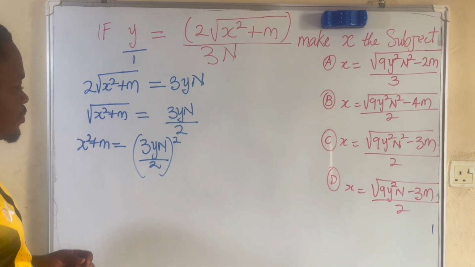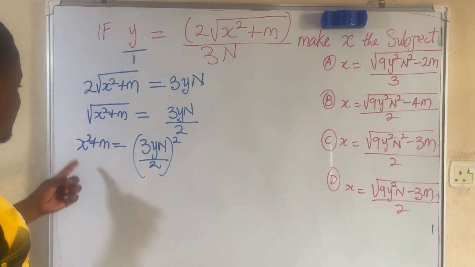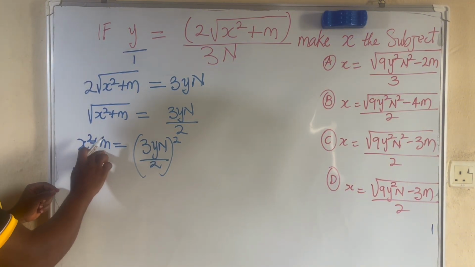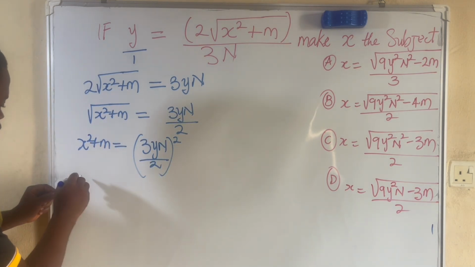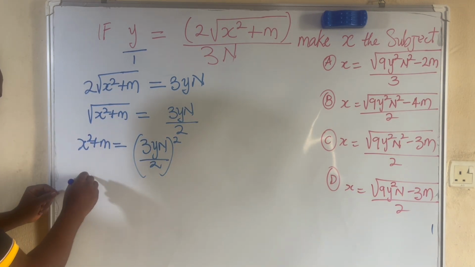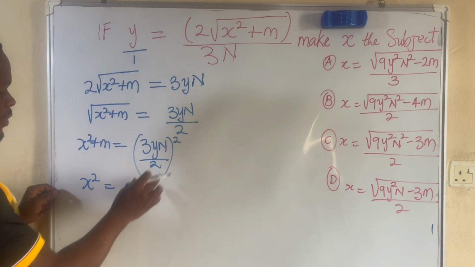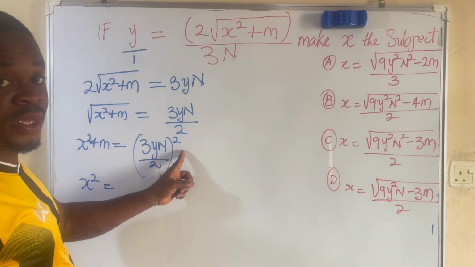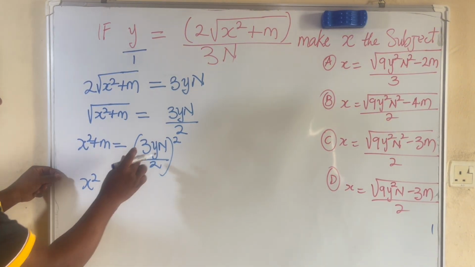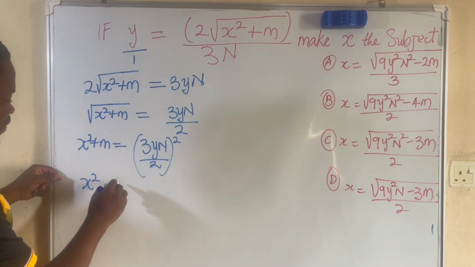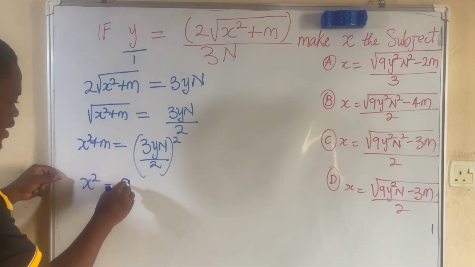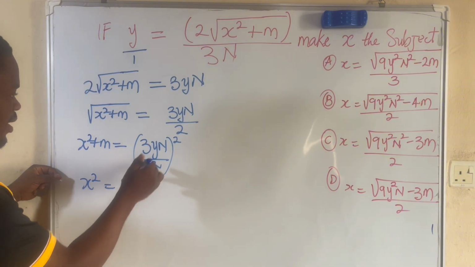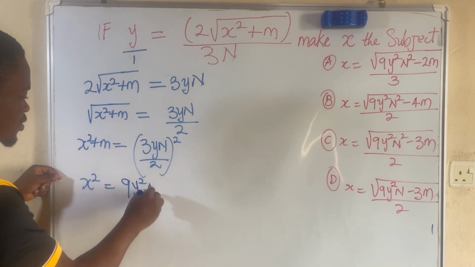And what next? We can decide to open up this, or we can also decide to let m cross over. So we have x squared equal to, if we open up this bracket, if we square all this, we are going to have 3 squared, which gives 9. So we have 9, y squared is y squared, n squared is n squared.